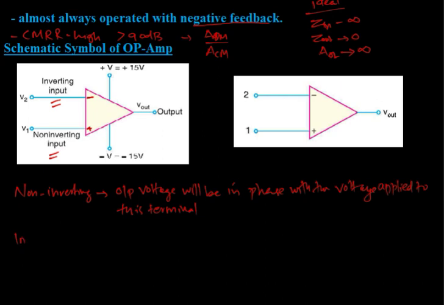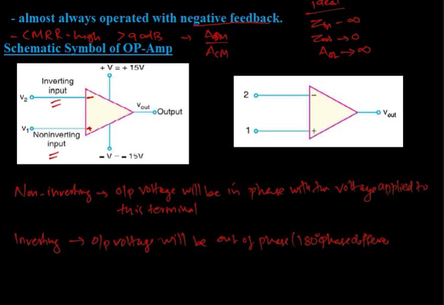Now if we consider the inverting terminal, these non-inverting and inverting terminals are the two input terminals of an operational amplifier, of which if a voltage is applied to the inverting terminal, then the output voltage will be out of phase, or there is a phase difference of 180 degrees between the input and output voltages.